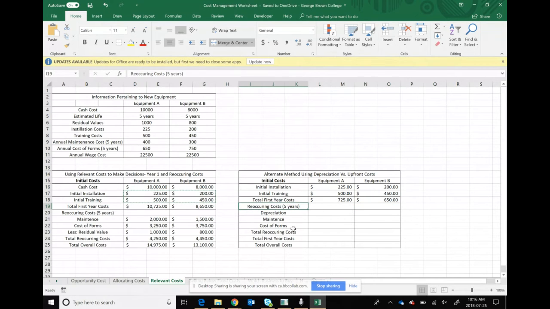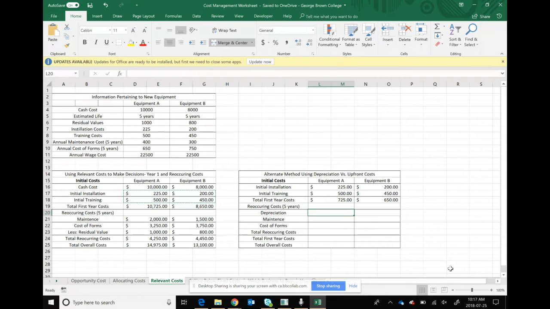Next we have to look at the recurring costs. Because depreciation is a recurring cost, this is where we put depreciation in, over the 5 years. We depreciate not the book value, but the value of that asset minus its residual value, because the depreciable amount of that asset is its value minus the residual value.